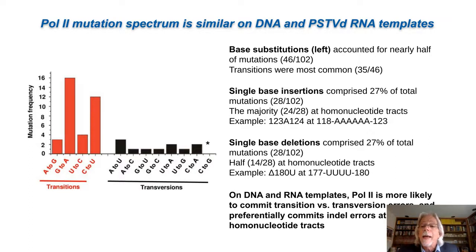So on DNA and RNA templates, Pol II is more likely to commit transition errors versus transversion errors, and preferentially commits indel errors at homonucleotide tracks.